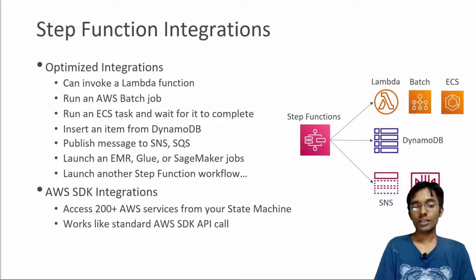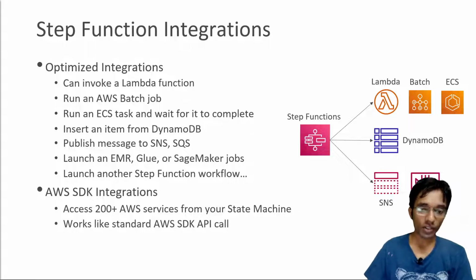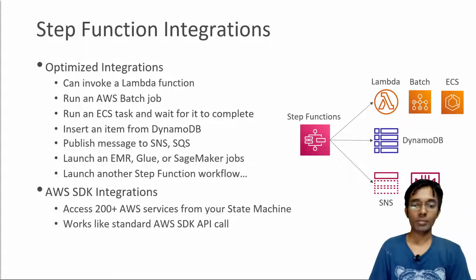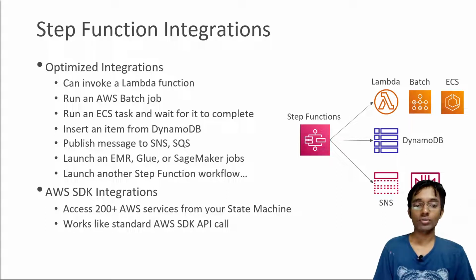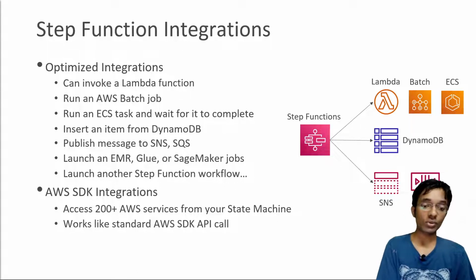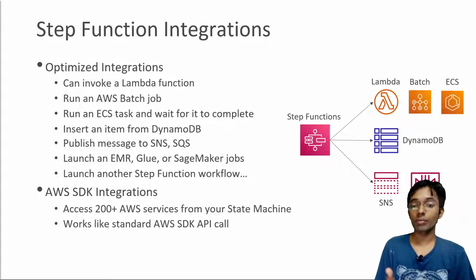So Step Functions has a lot of integrations. There are some optimized integrations, for example, with Lambda functions. So a Step Function can obviously invoke Lambda functions. They can run AWS Batch jobs, they can run ECS tasks and wait for them to complete. They can also insert an item into a DynamoDB table. They can even publish messages to SNS and SQS.